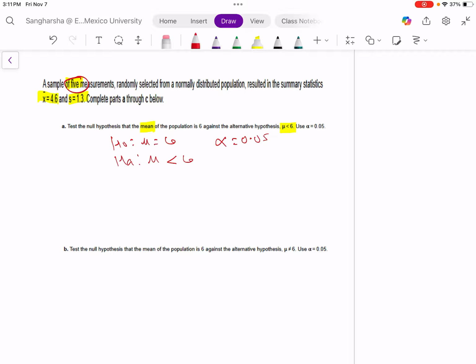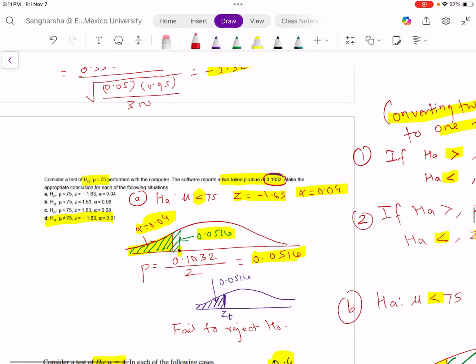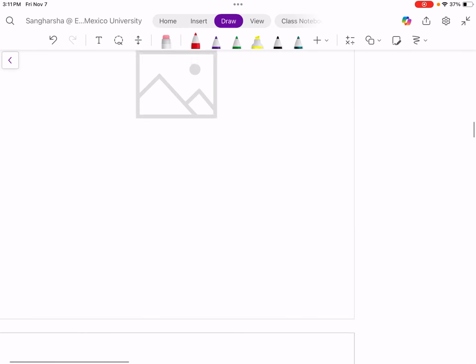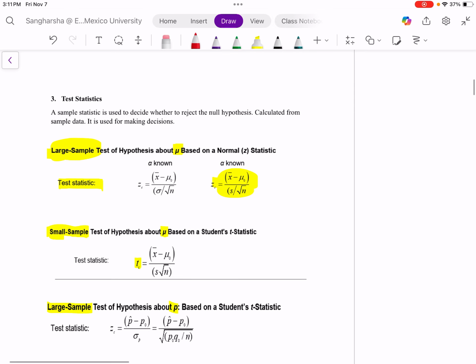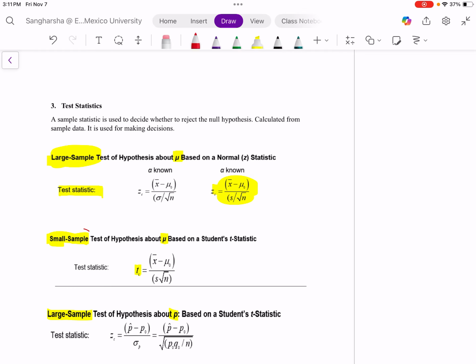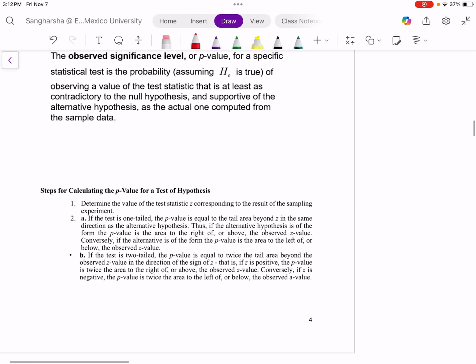Now let's find the test statistic. Our sample size is 5, which is small, and the parameter is mu.